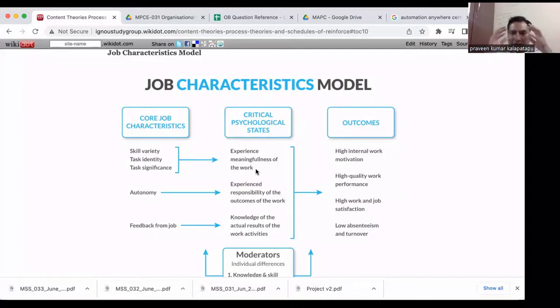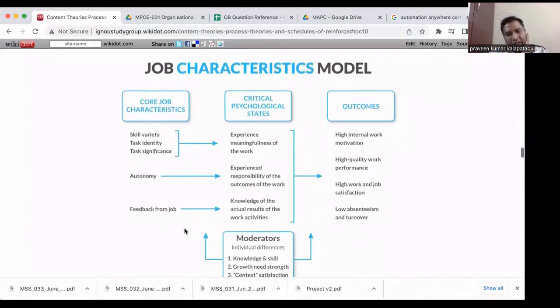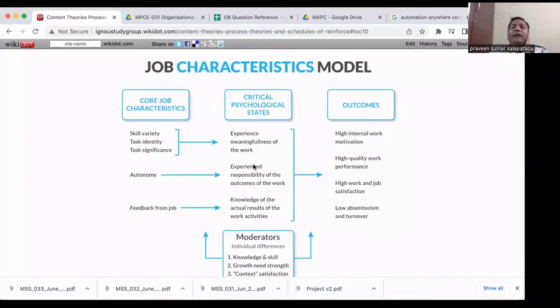In order to get motivated, you really require that meaningful nature. The job characteristic model says that in order to get that meaningfulness of work, you need these three. Then only it could result in high motivation. Similarly, if you have autonomy, that means you have a choice to choose, then you will get responsibility.